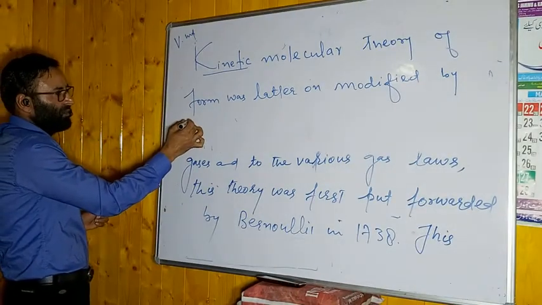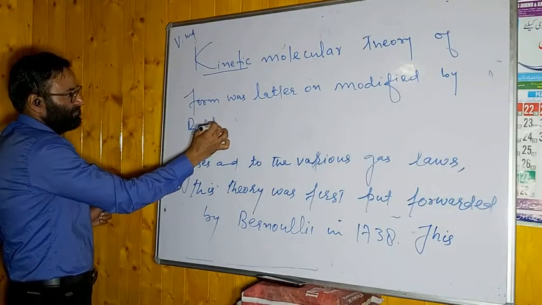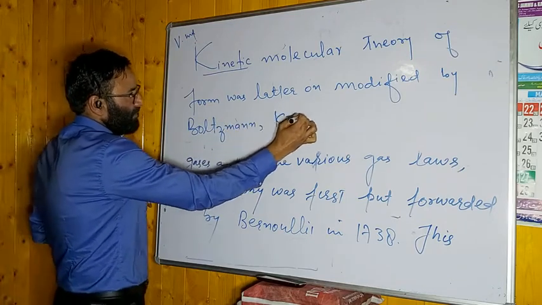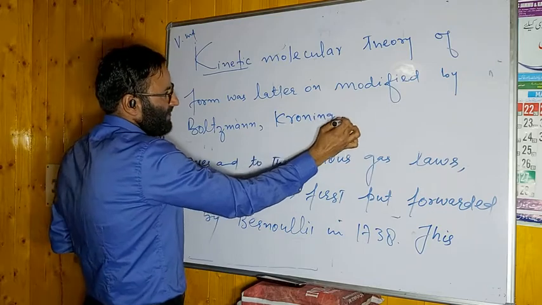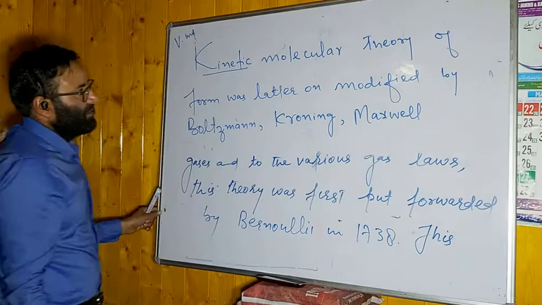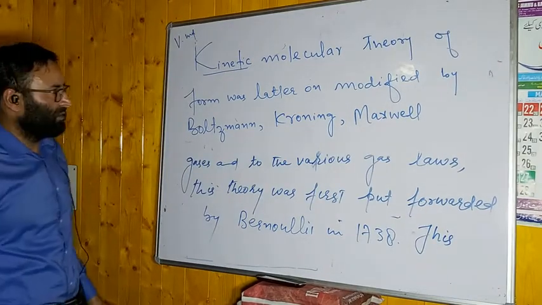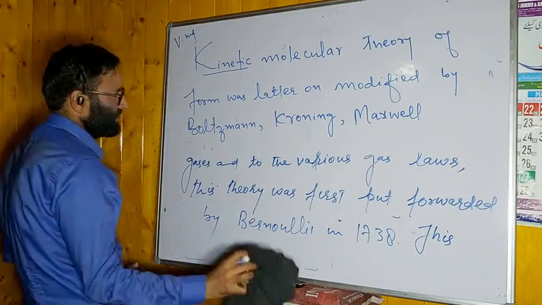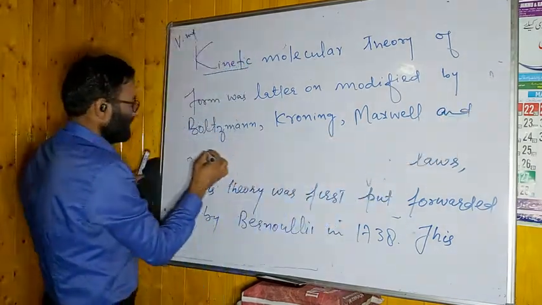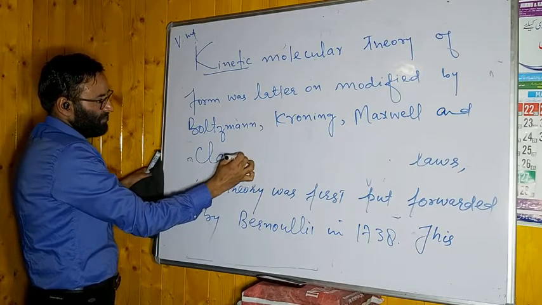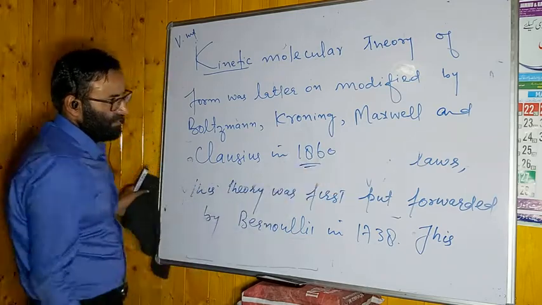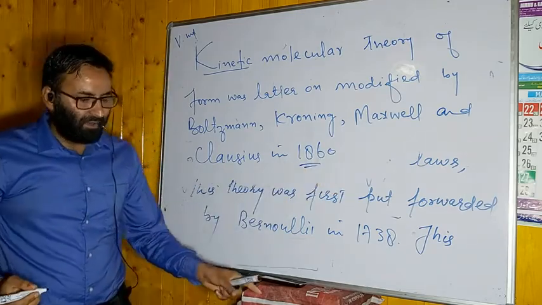Four scientists modified it: Boltzmann, Croning, and Maxwell, and Clausius. This was later on modified by Boltzmann, Croning, Maxwell, and Clausius, around 1860. याद रख, पहले आपको याद रखना kinetic molecular theory of gases.